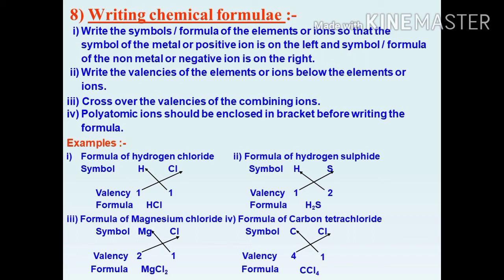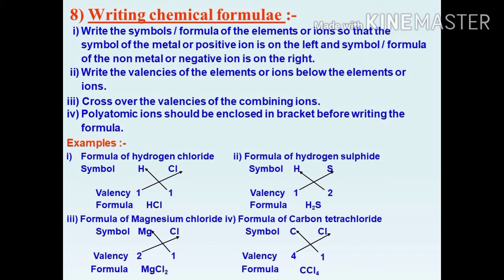HCl. H is the positive, Cl is the negative. The negatively charged particle we should write on the right side, and the positively charged particle on the left side. Formula of magnesium chloride, MgCl. Mg is the positively charged particle, so it should be written on the left side.